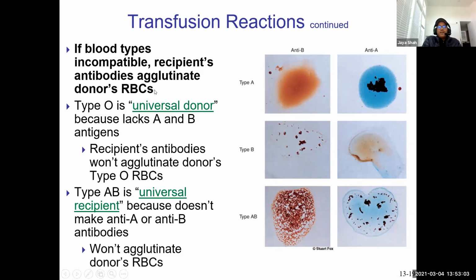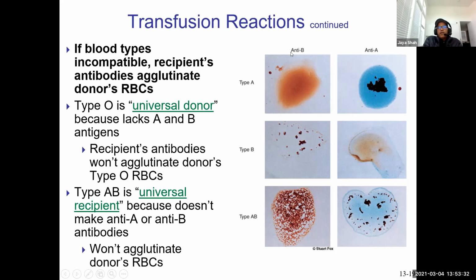So you see here, if blood types are incompatible, the recipient's antibodies agglutinate the donor's RBC. So you see here, let's see, this is anti-B. So when we do the blood test, we carry a sample of anti-B antibodies and anti-A antibodies.